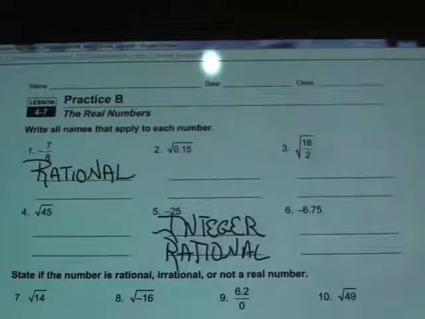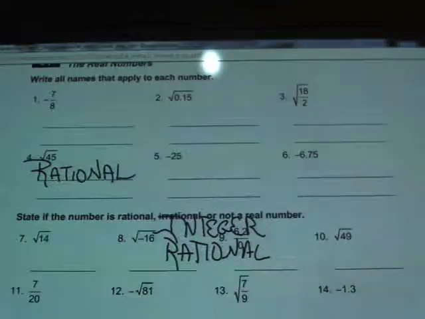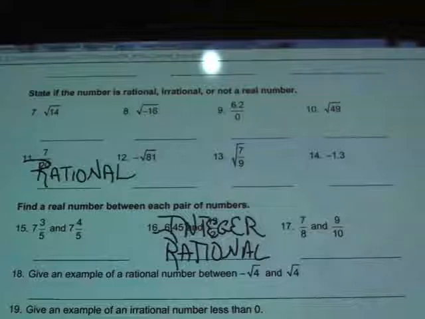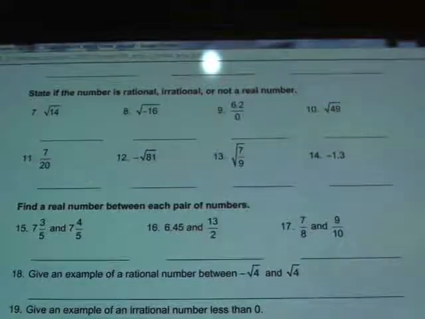All right, let's go ahead and take a look at the next section here. In the next section, the directions ask me to state if the number is rational, irrational, or not a real number. So remember, a number is rational if it can be written as a fraction.